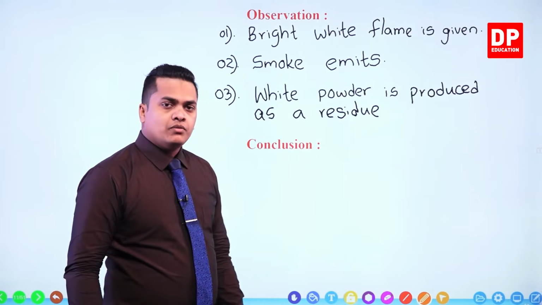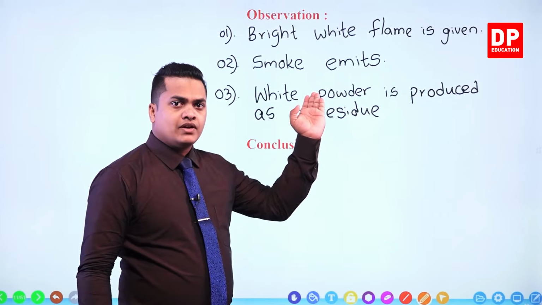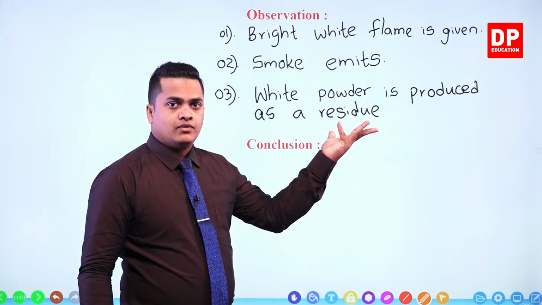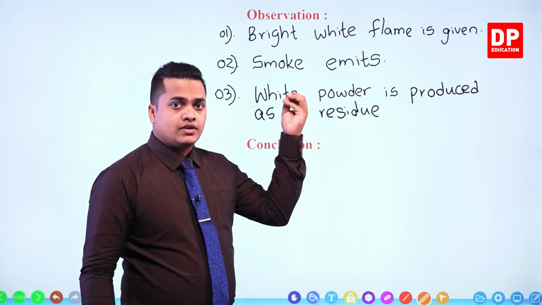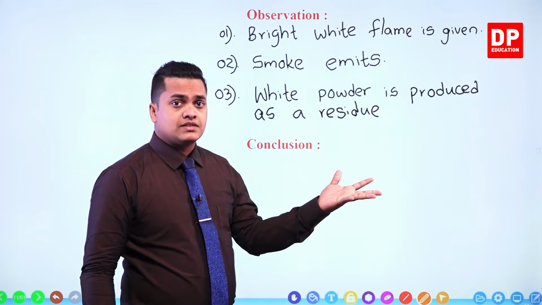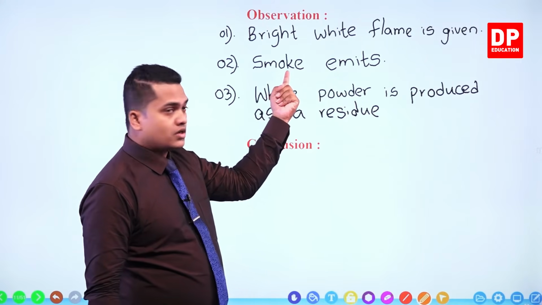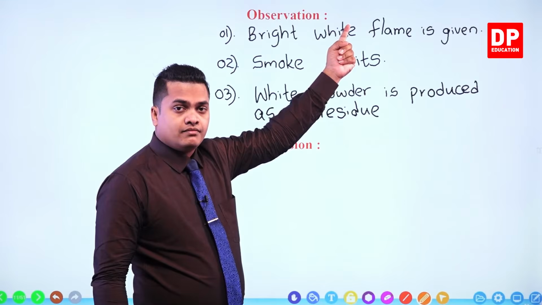Right, my dear children. Now, see what has happened to the piece of magnesium. There is no magnesium right now. Magnesium has got changed into several substances: a white color powder, smoke, a bright flame.